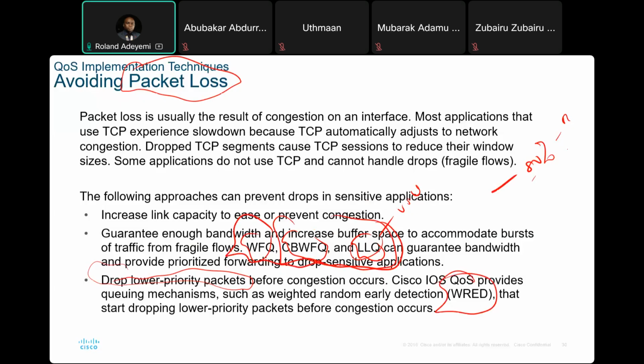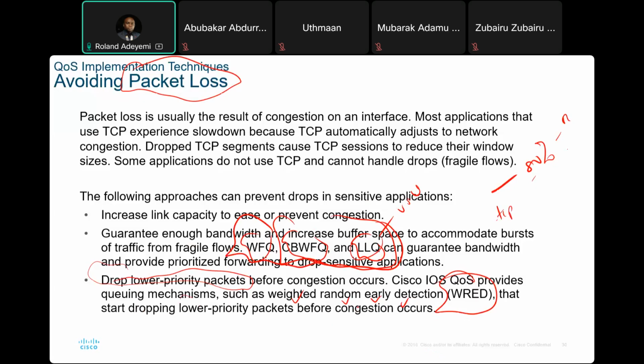So we let the router know, do what we call weighted random early detection, meaning what? Start dropping lower priority packets before congestion occurs. Once you set this, you go to sleep. And also, you need to understand those packets that are of lower priority, if they are dropped, what happens to them later? Don't forget your TCP.